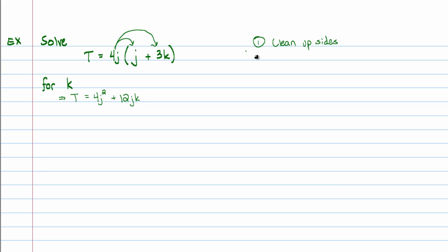The second step is kind of the weird one in this case, which is isolate the variables, or in other words, if you have several different versions of k, get them all on the same side. Well, we really only have one version of k. It's this one right here, and it's already by itself on a side. So now we can start untying. If we only have one version of k, we can immediately start to untie.